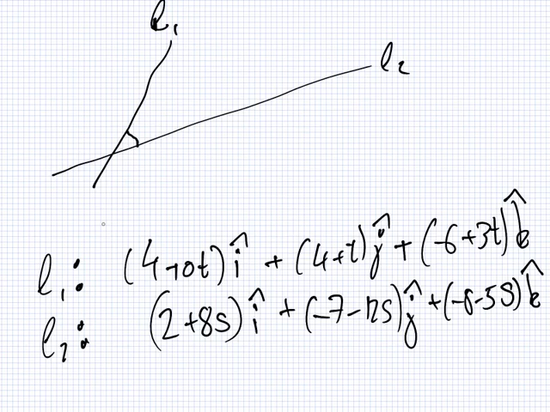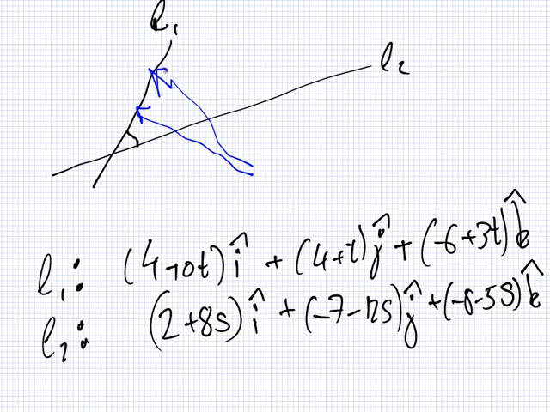You remember the formula for the angle between two lines? It's r1 dot r2 over magnitude of r1 times magnitude of r2. Remember that? What is the r1 here? L1 is the equation of the vector that points to the line.